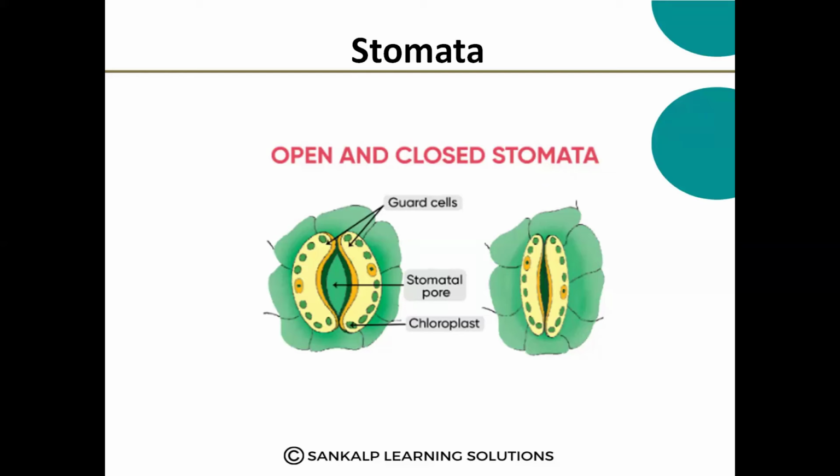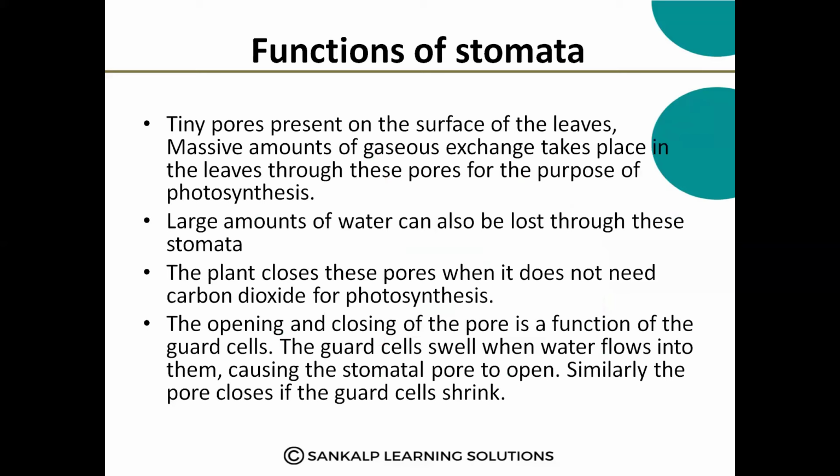Okay, so here the stomatal pore also helps for the loss of water. When excess water is present in the plant's body, it gets lost by the stomata. There is a question that is very important for the 10th standard exam.